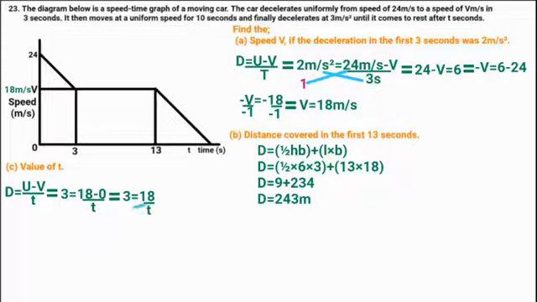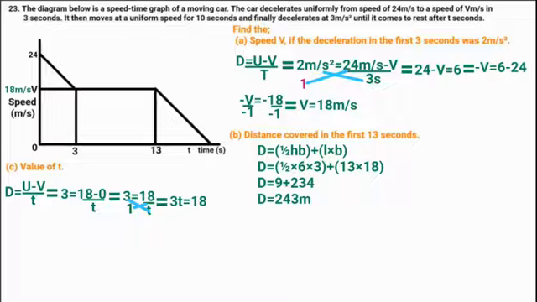Here I'm going to multiply t with 1, and I'm going to multiply 18 by 1. 3 over 1 is the same as 3. So 3 times t will give us 3t, which will be equal to 18 times 1, which gives us 18.